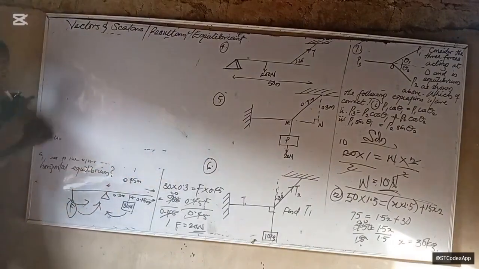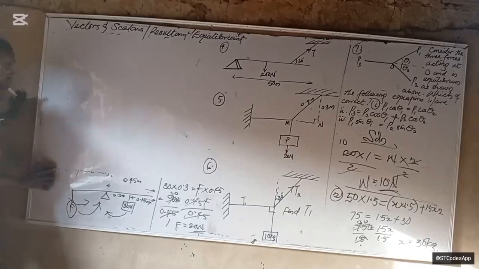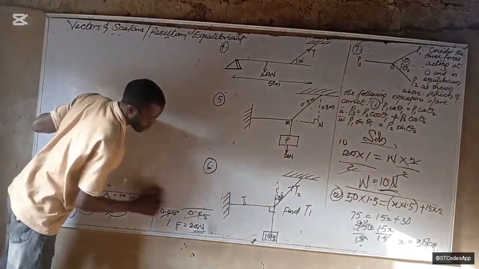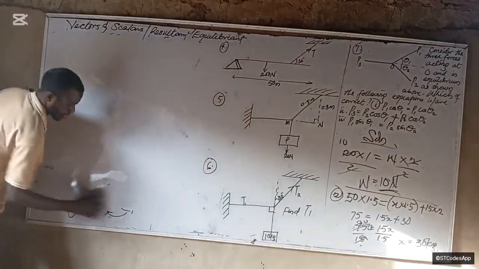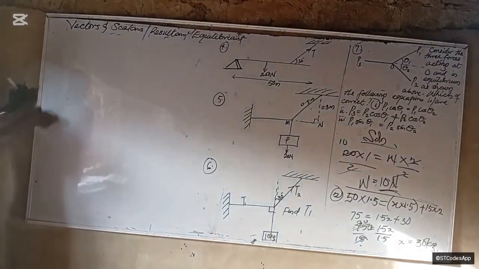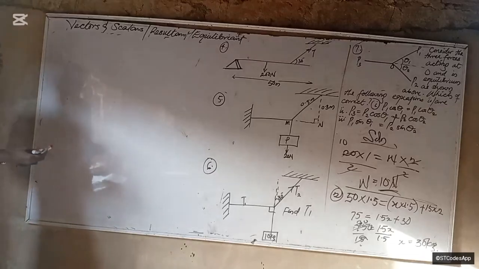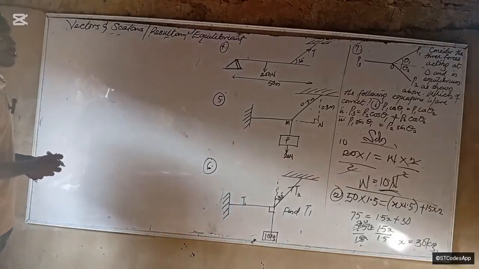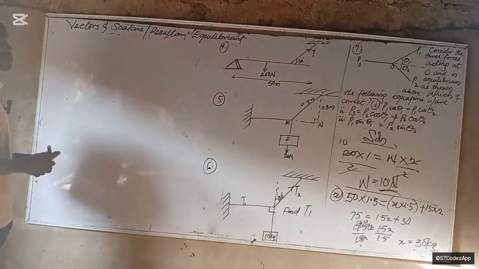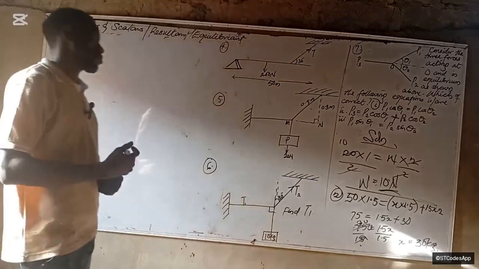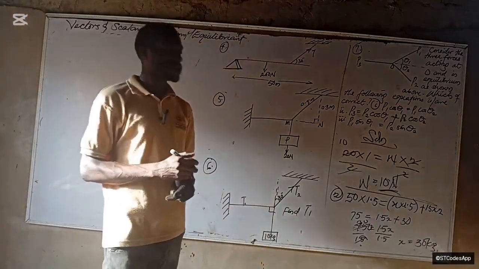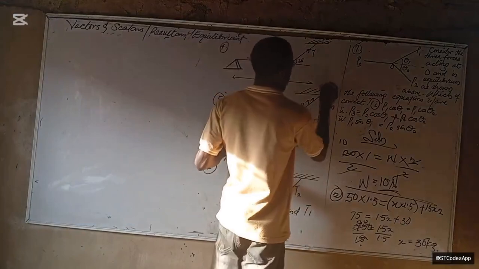Which one really gave you problem that I should just solve first? Everything now. So watch, how do we solve that? Very simple. Are you with me? I said there's a point O here.